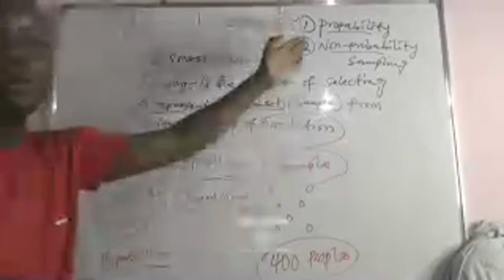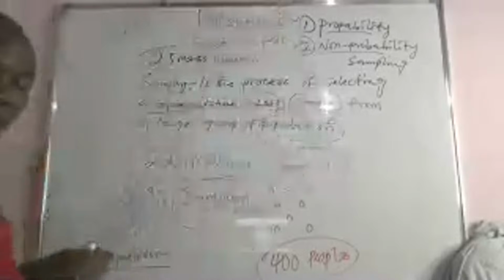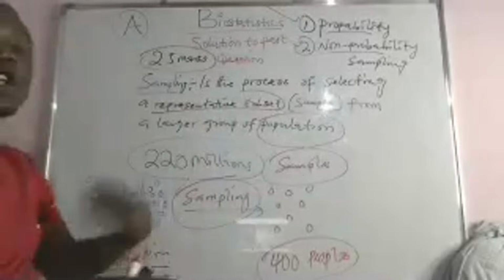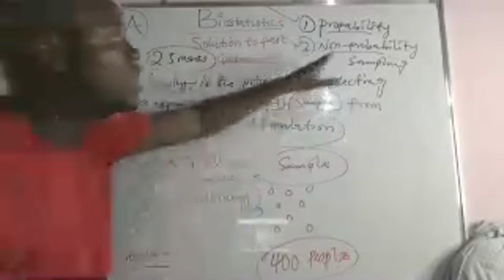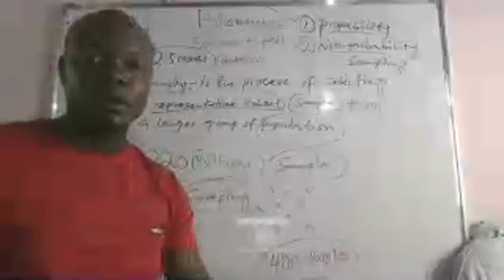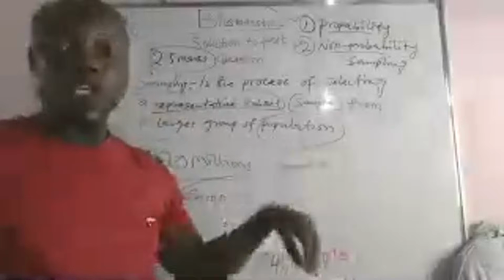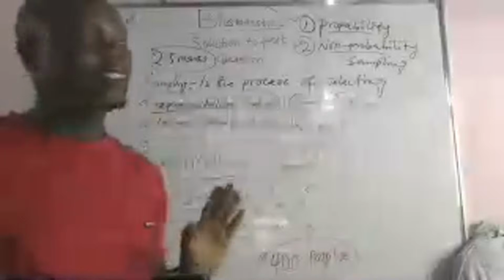So probability sampling is a type of sampling technique in which each and every member of the population has an equal chance of being selected. But non-probability sampling is a type of sampling where there is a bias. You always introduce a bias.